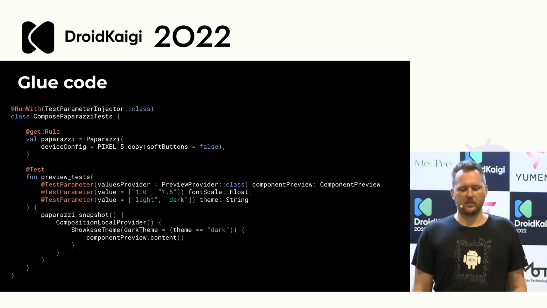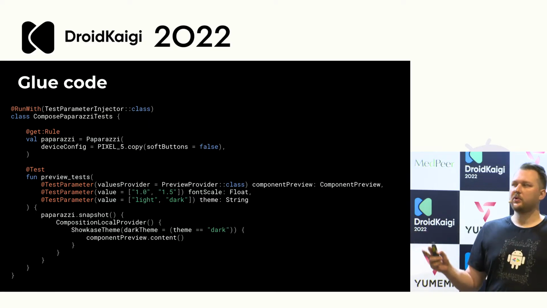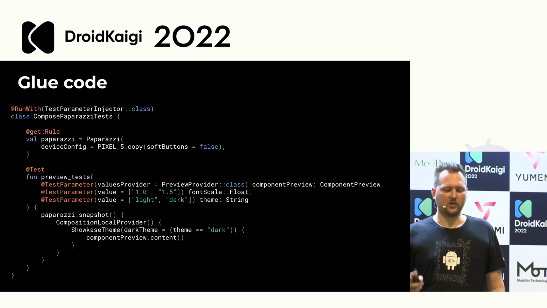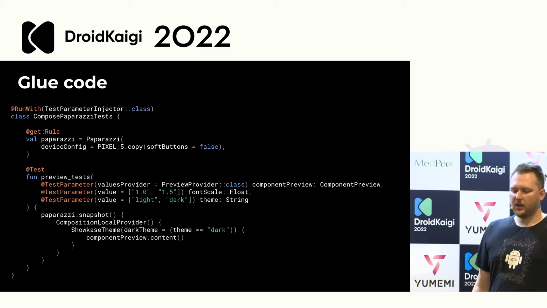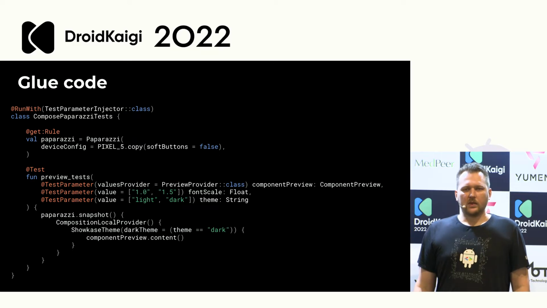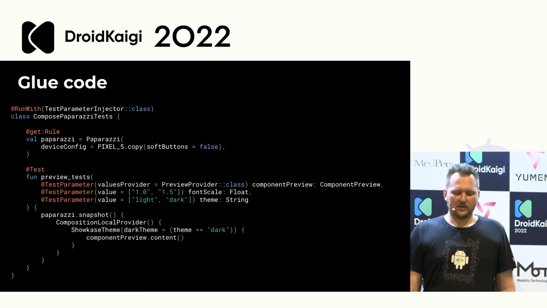So let's show you some code. At the end of my presentation, there is a link to GitHub with all this code. This is just simplified. This is the most important class, which glues everything together. You don't need to remember it. So there is the Paparazzi setup over there. You specify that you want Pixel 5 without soft buttons.